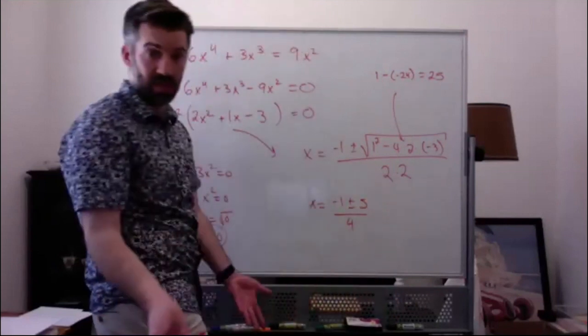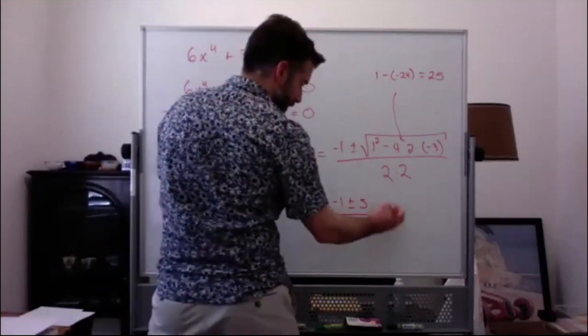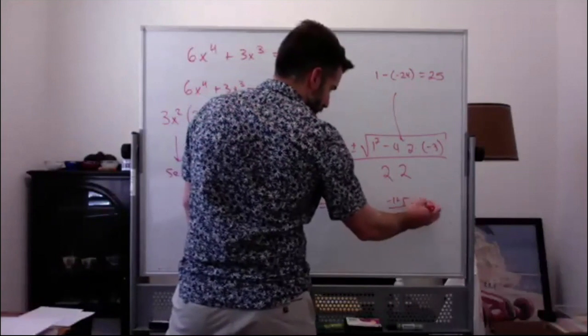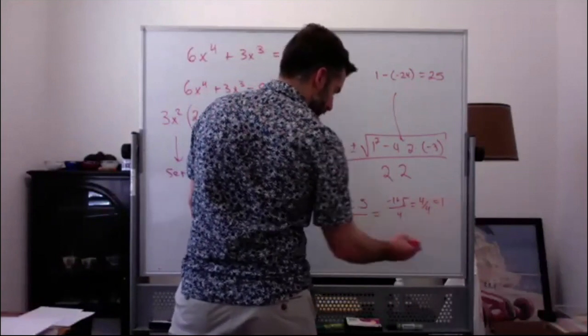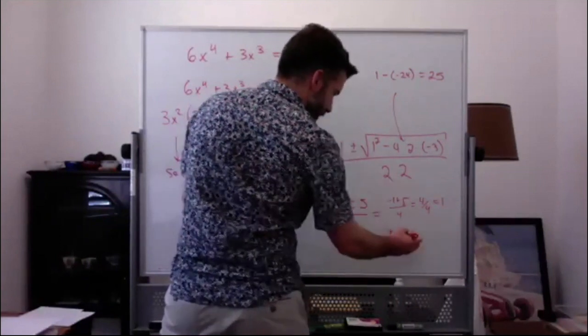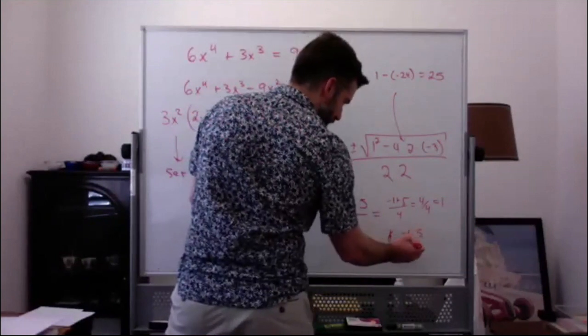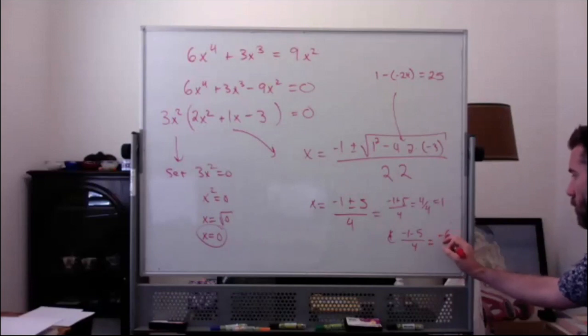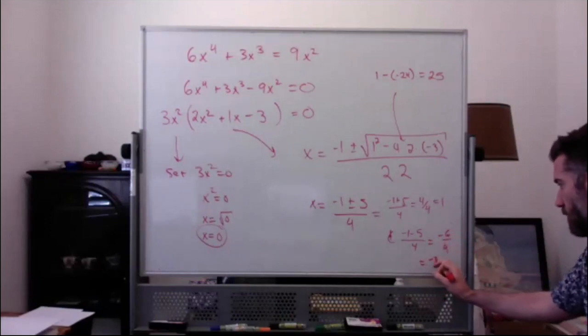And then I should simplify this. It's -1 plus 5 over 4, which is 4 over 4, which is 1. And -1 minus 5 over 4, which is -6 over 4, which reduces to -3/2.